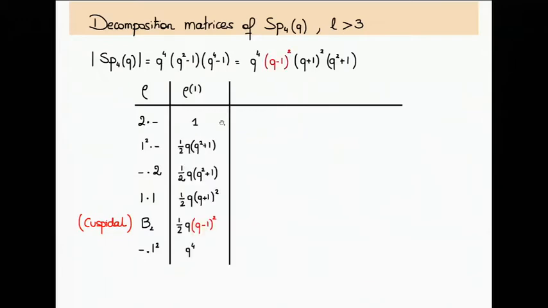Okay, so I've arranged them. This is their degree, the dimension of the corresponding representation. You can see that the first one is the trivial, and the last one is the Steinberg. And in between, you have dimensions which are polynomials in Q. This is something that was explained by Meinolf.